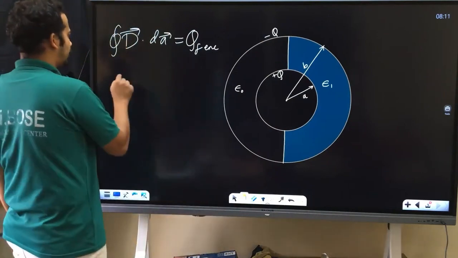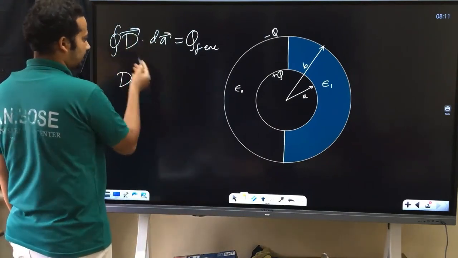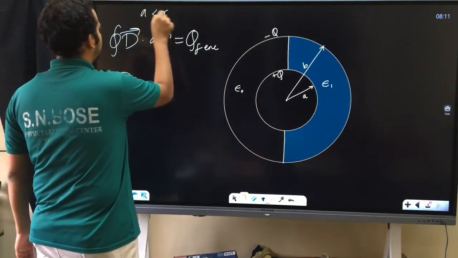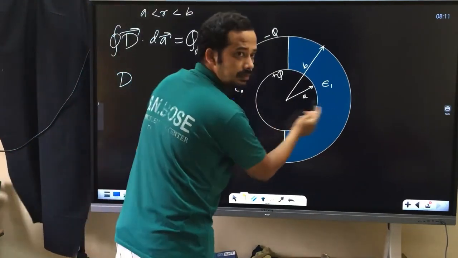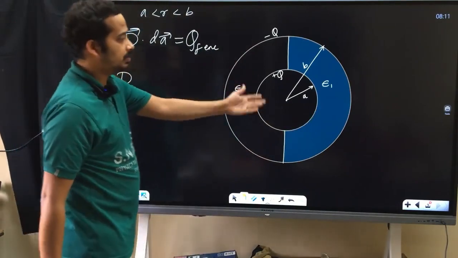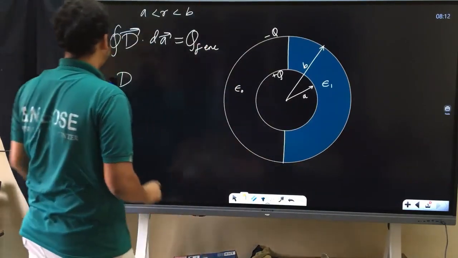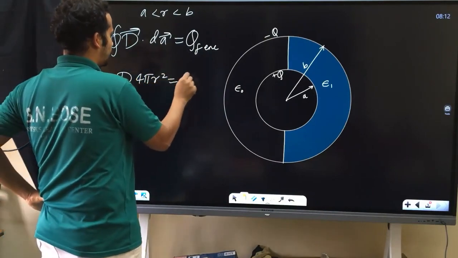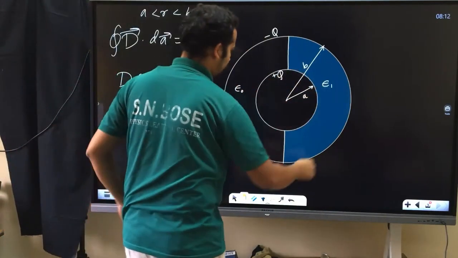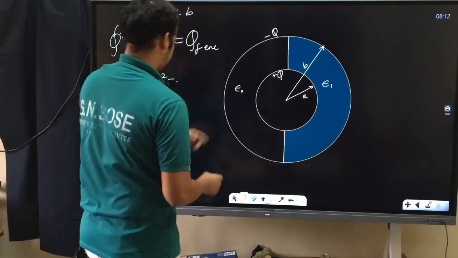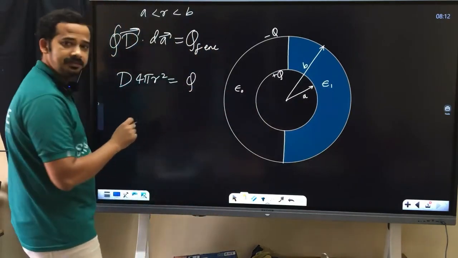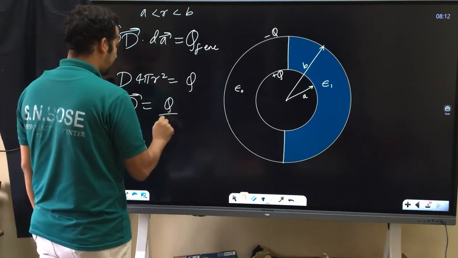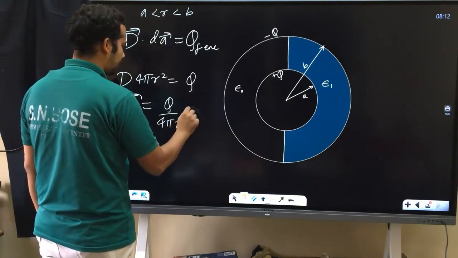If I apply the Gauss law here with a Gaussian surface in the region A to B, not inside the inner one, not outside the outer one, then D times 4 pi r squared equals Q free enclosed, which is Q. So D is equal to Q by 4 pi r squared times r cap.